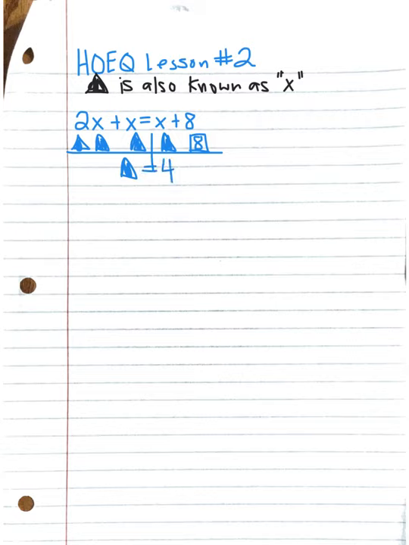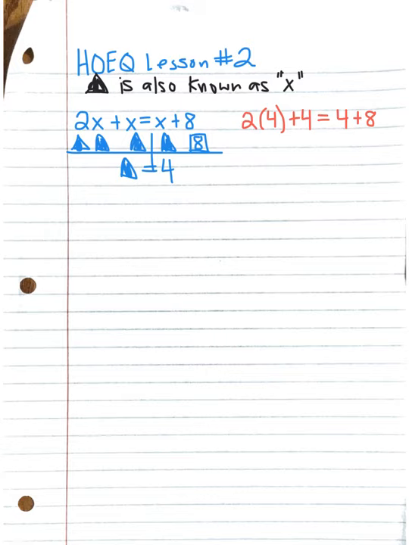And just like what we did in lesson 1, we're going to do a check, but I'm always going to go back to that original equation. So I'm going to do 2 times the value that I found for x, or my pawn, which is 4, plus 4 has to be the same as 4 plus 8.